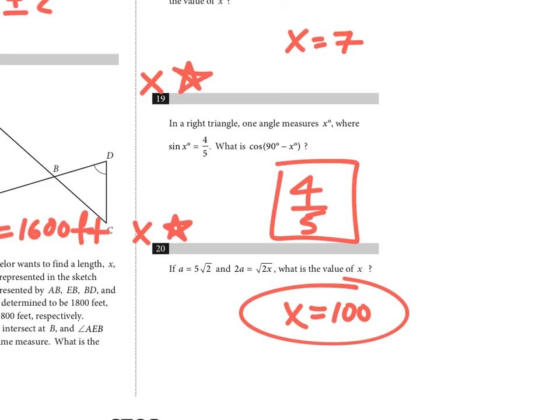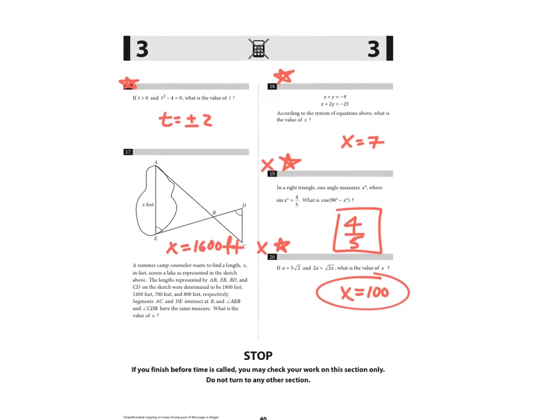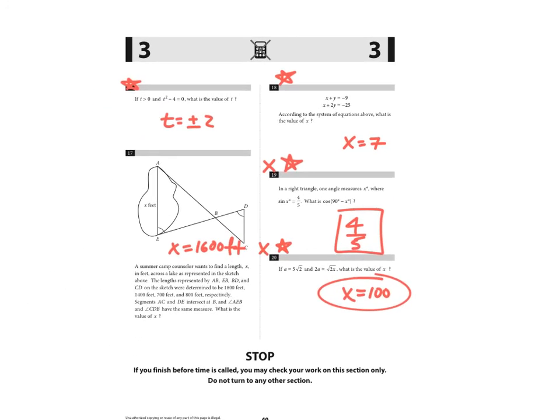I was able to do all of this in 13 minutes. Well, that's just great. I'm also a math teacher who does this stuff all the time. But listen, it took me 13 minutes to do all of them.